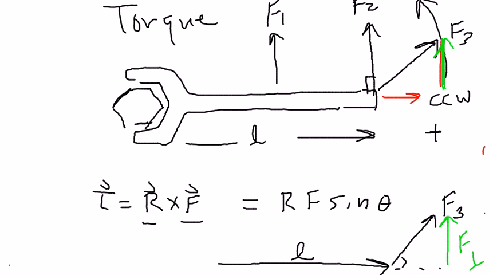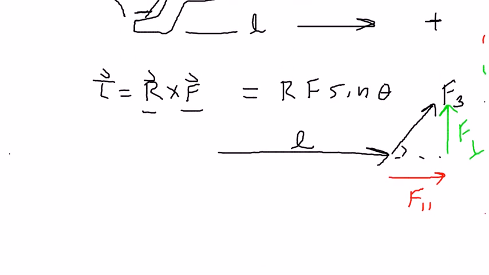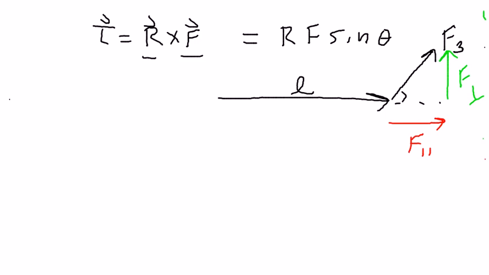So assuming that the forces are all the same, just different angles, you can see pretty obviously that the torque due to the second one is going to be greater than the torque due to either 1 or 3.